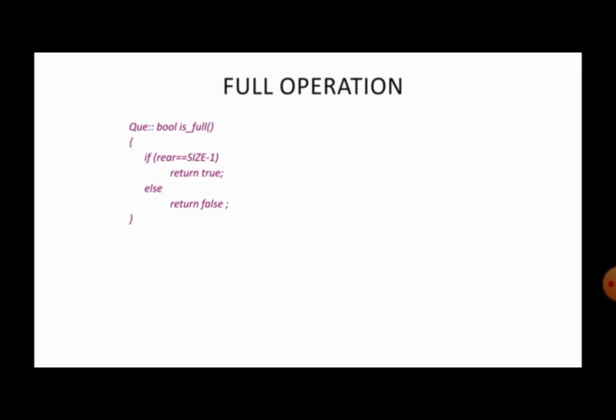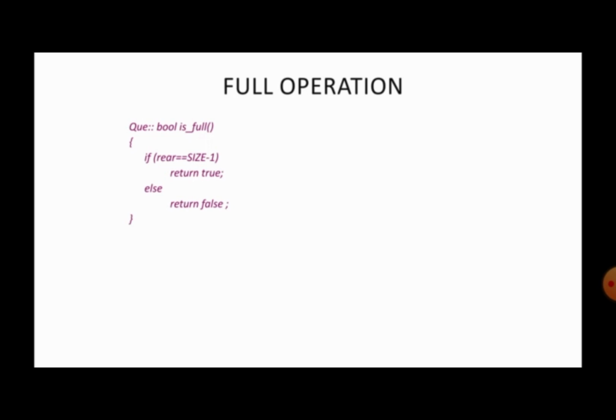The size variable will have the size of the queue. If the size is 10, the maximum rear index can reach 9, and if the size is 100, the maximum value of rear can be 99.